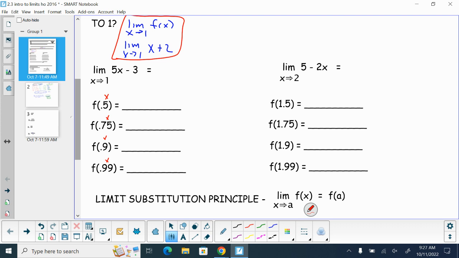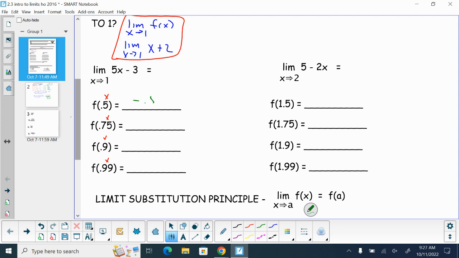So we can plug into our function the value of 0.5, 0.75, 0.9, 0.99. So we have 5 times 0.5 minus 3, 5 times 0.75 minus 3, 5 times 0.9 minus 3, 5 times 0.99 minus 3. Jack, what do you get for our values over here?